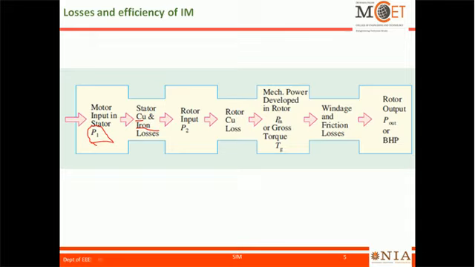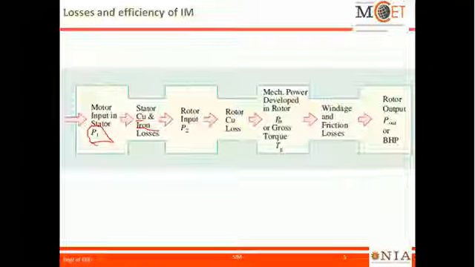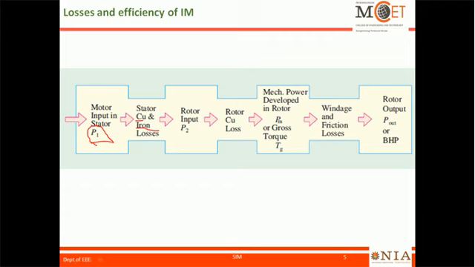When we were discussing the construction, I told you that the core material should have more silicon content in order to reduce the hysteresis losses, and it should be laminated to reduce the eddy current losses. Anyway, we have those losses. We can minimize them by adding silicon content and making the core a laminated piece instead of a solid piece.